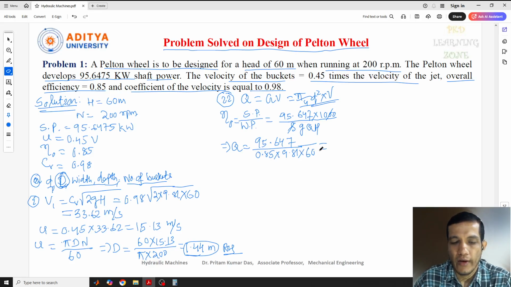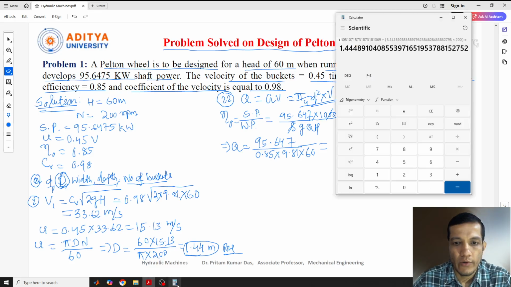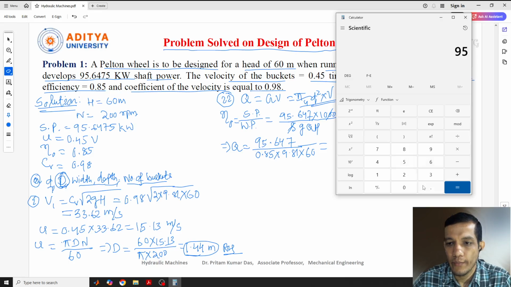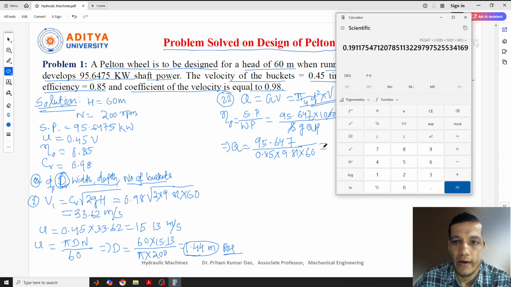Let's find the value of Q: 95.647 divided by bracket start 0.85 multiply 9.81 multiply 60 bracket close equals 0.19.